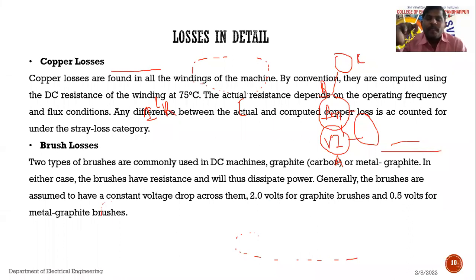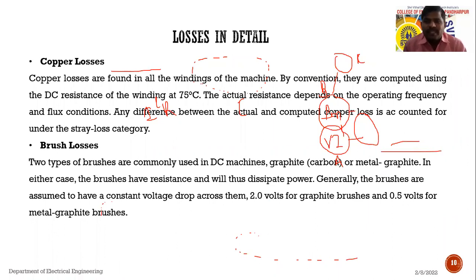Okay, see, in the case of brushes, due to rotation there is some friction between the brushes and the slip ring, right? So due to the friction, there are some brush losses. Two types of brushes are commonly used in a DC machine.